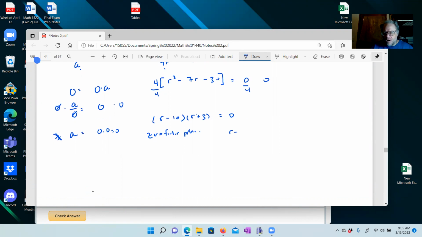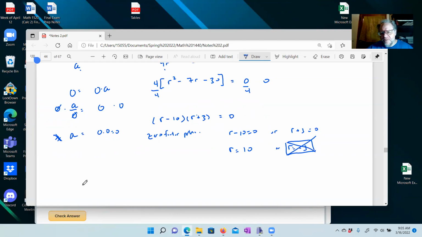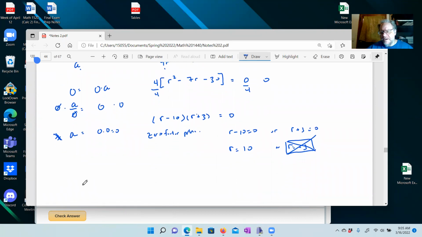So we're going to have r minus 10 equals 0, or r plus 3 equals 0. So r is equal to 10, or r is equal to minus 3. We don't really want our speeds to be backwards, so we're just going to say that's not going to work out. So r would be 10, and that's against the wind.